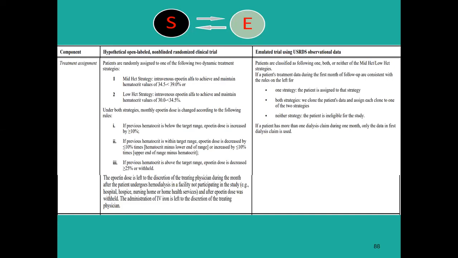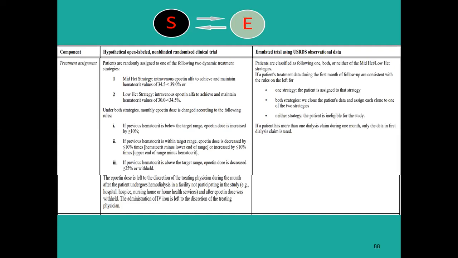That's what we had last time. But over here, the rule is that if observed is below the lower end of the target range, we increase at least 10%. So it is a range. That's the difference regarding the way we define treatment strategies.